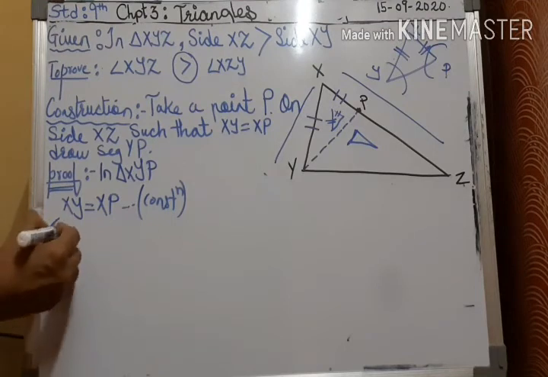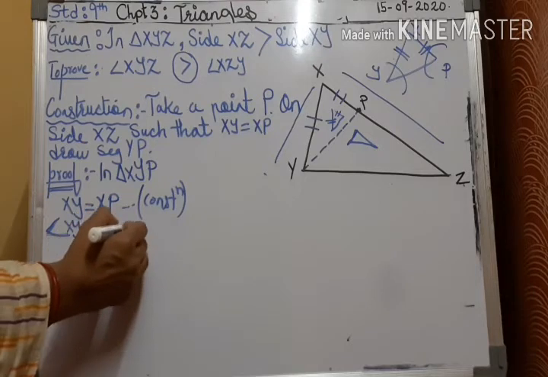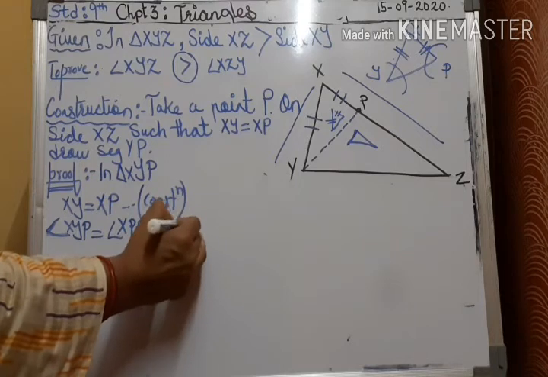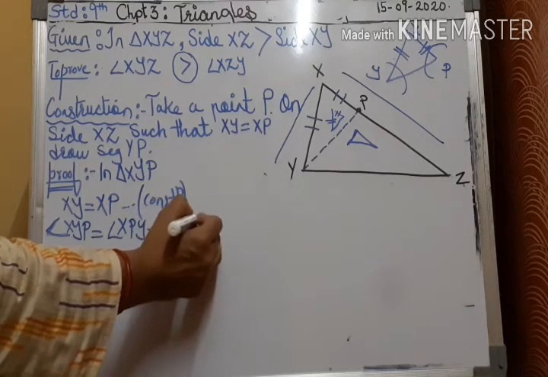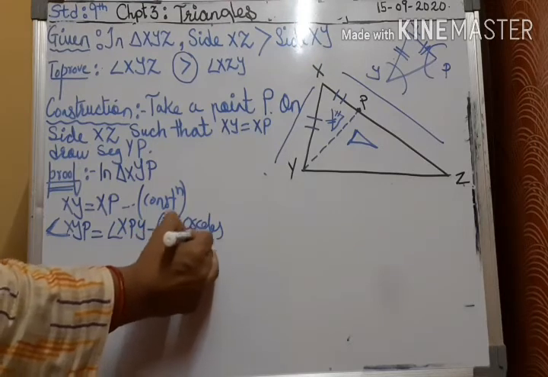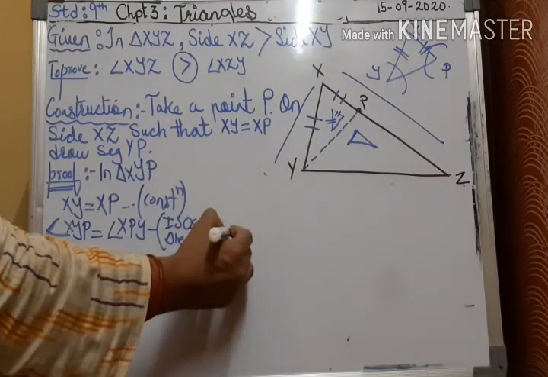So we will write, therefore angle XYP is also equal to angle XPY by isosceles triangle theorem, and we will call this 1.